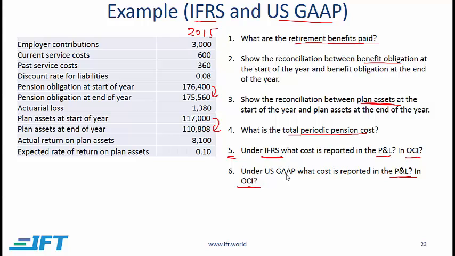With US GAAP, make the assumption that if any cost can be allocated to either P&L or OCI, then it is being allocated to OCI, and let us ignore any amortization of expenses from OCI into P&L. So try this before you move on.